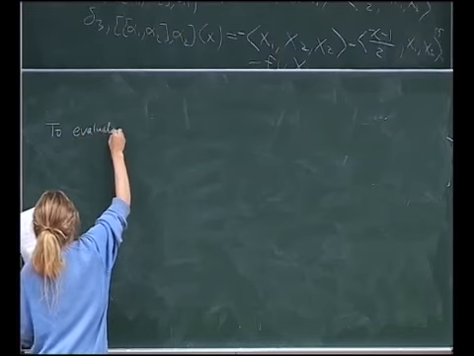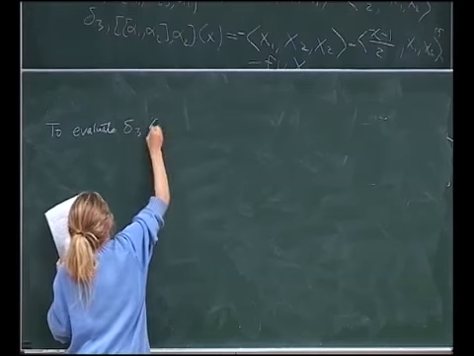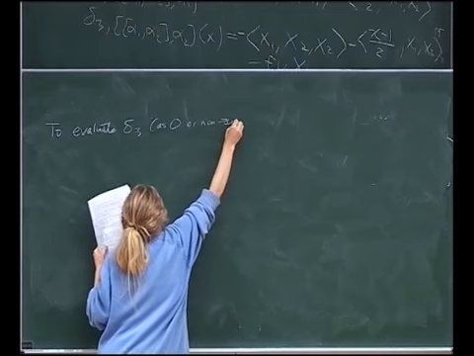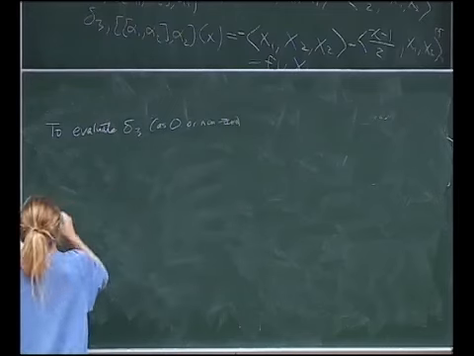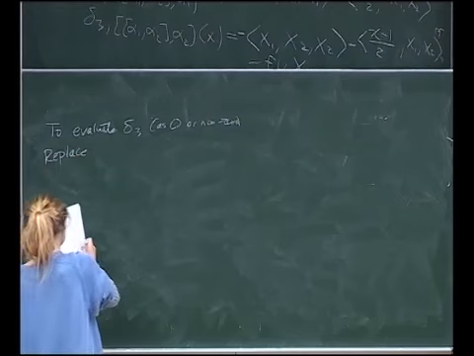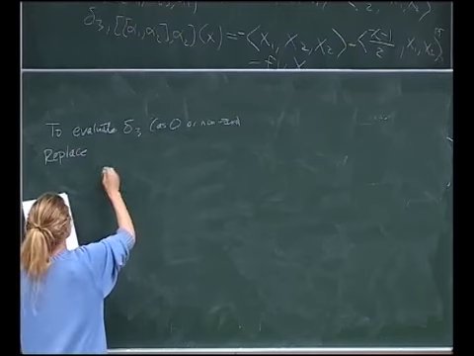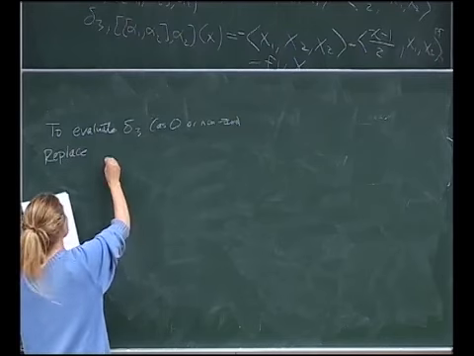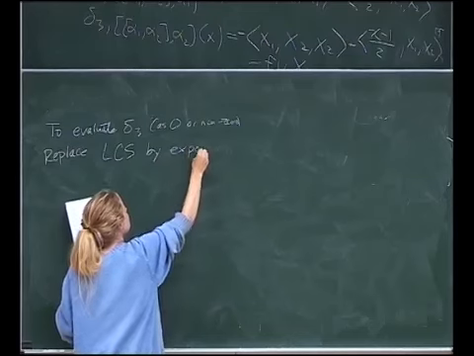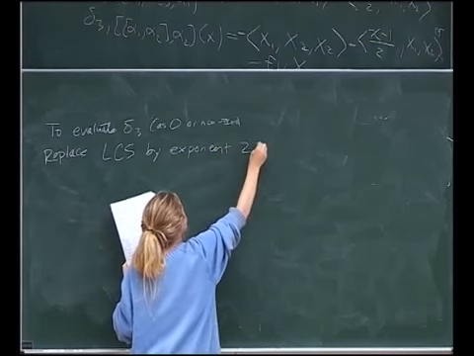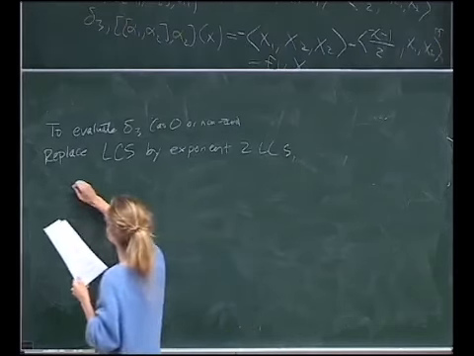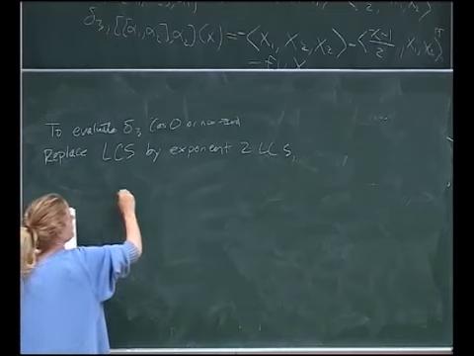And so we're going to change the delta n definition to work in the Brauer group. So to evaluate delta 3 as 0 or non-zero, we'll replace the lower central series by the exponent 2 lower central series.